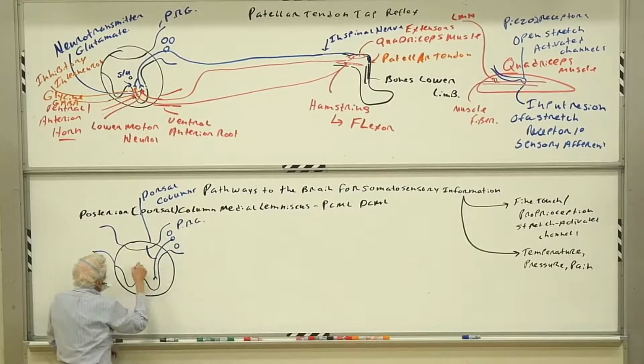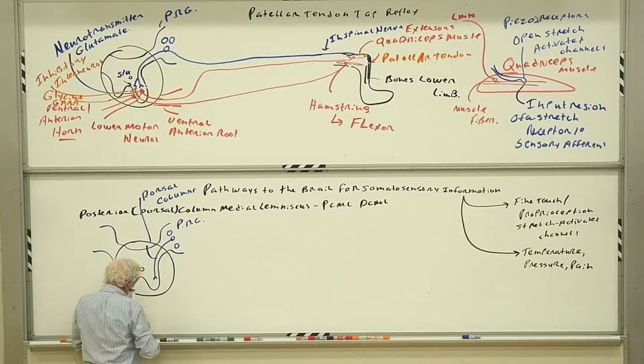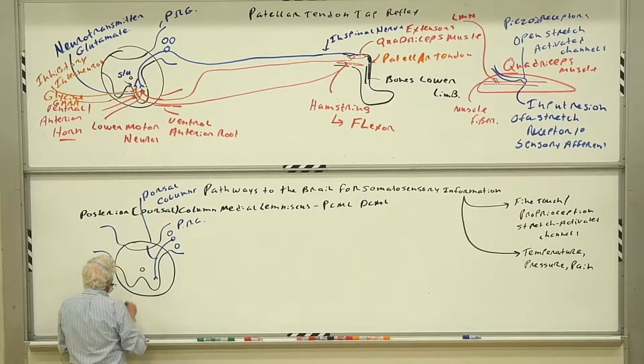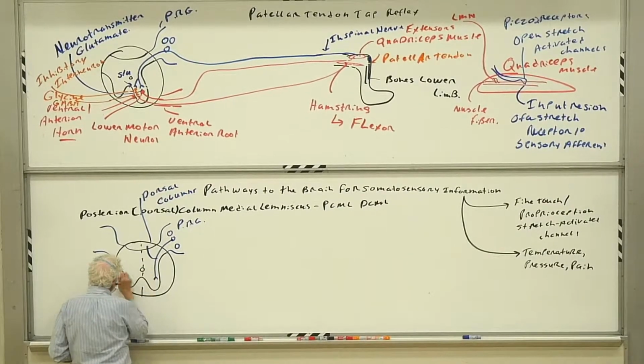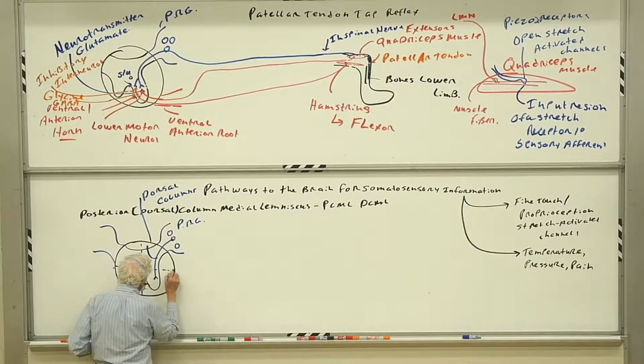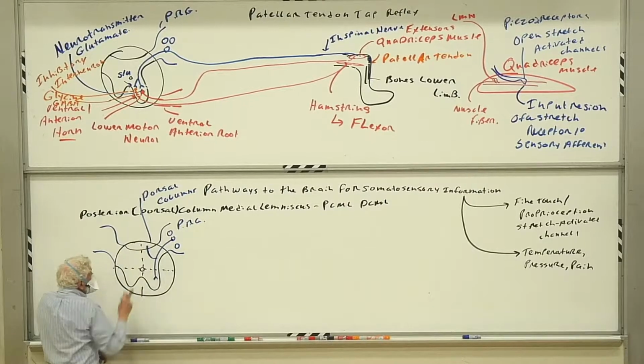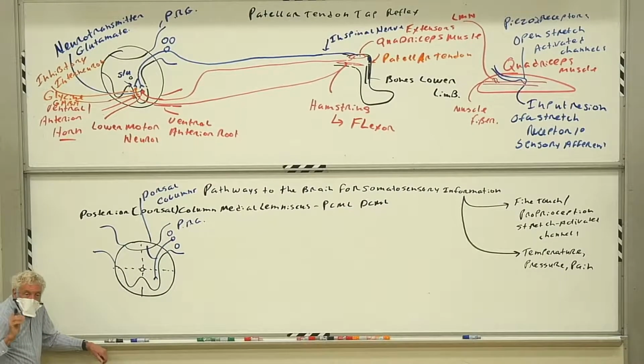You remember when we drew this yesterday, when we put the dotted lines on, and we divided the spinal cord into these quadrants, we said that up here was white matter. So these dorsal columns are going to be white matter. So they're going to be heavily myelinated.